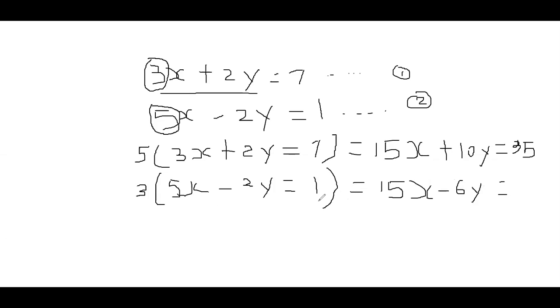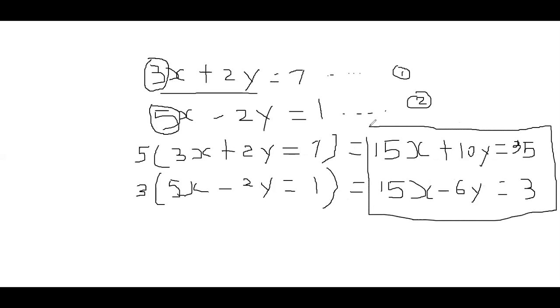And 3 times 1 gives 3. So these are the two equations that we will use. This is the first step, so make sure you get it. Take it down, and then we'll proceed from there.